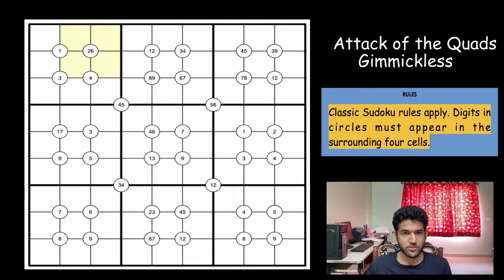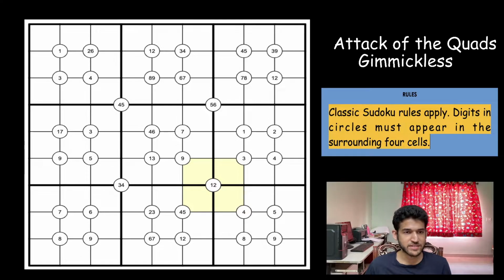So for example, if you consider this 2-6 clue, 2 and 6 must be present exactly once in these four cells. And let's say for explaining sake, we'll consider this clue because it's spread across 4 boxes. 1 and 2 must be present exactly once in these 4 cells. So these are the rules.